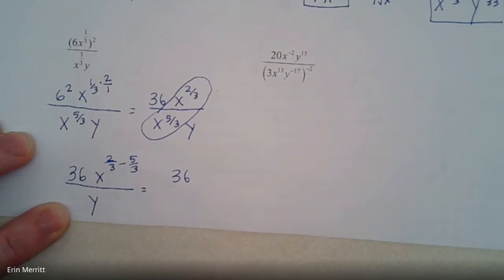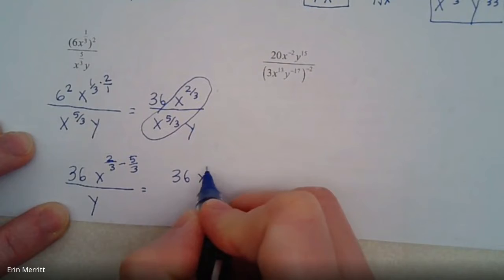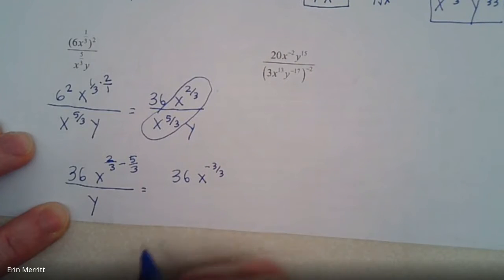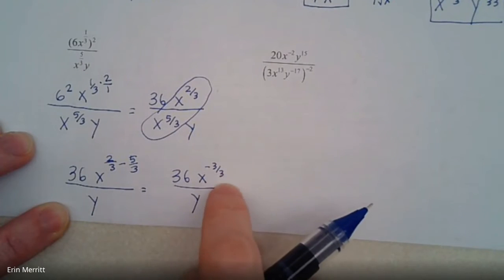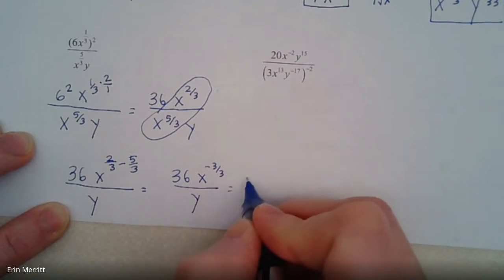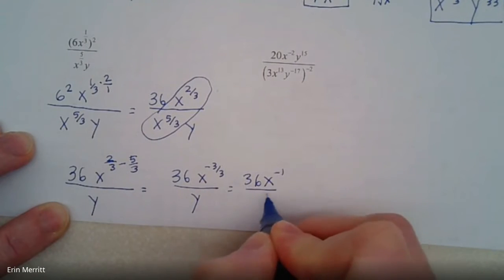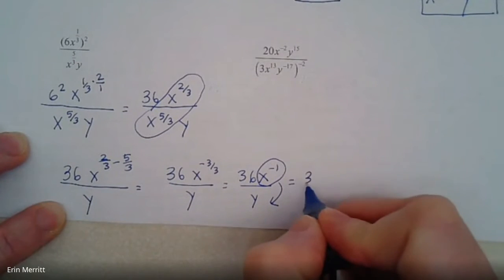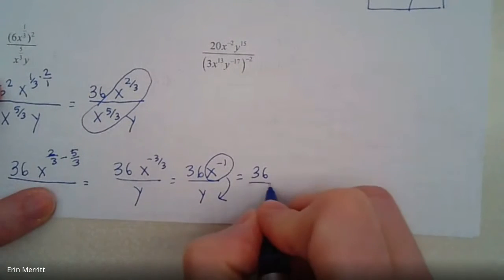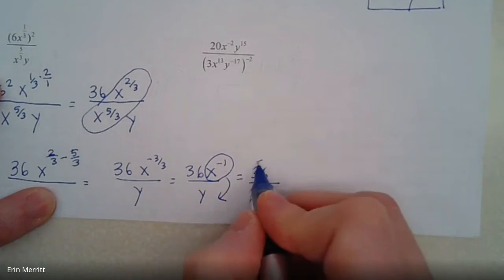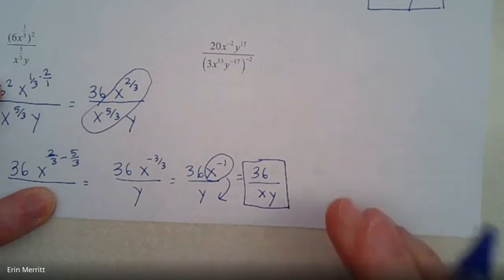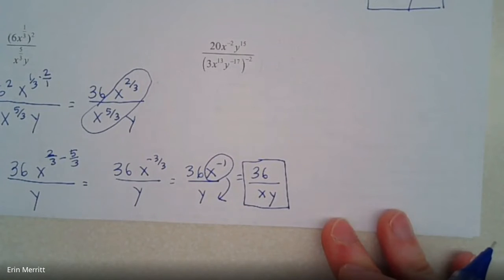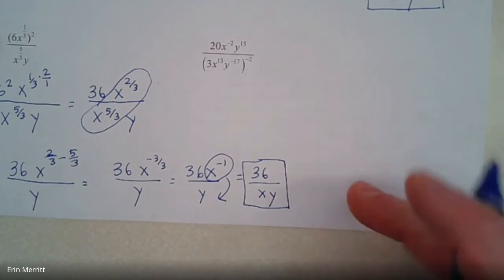Sorry. 2/3 minus 5/3, oh my goodness, gives me -3/3, which is the same as -1, which means I'm going to take that guy and drop it into the bottom. So final answer there, 36, and then over x times y. I like that one. That's a little funky. It's fun to do. All right, we'll save this one for class.